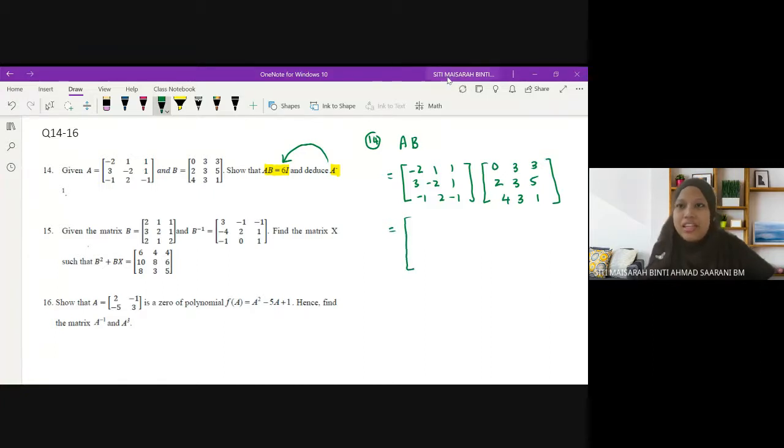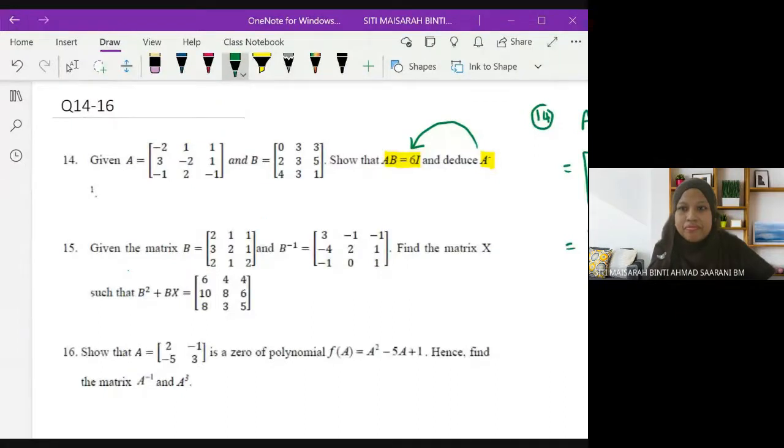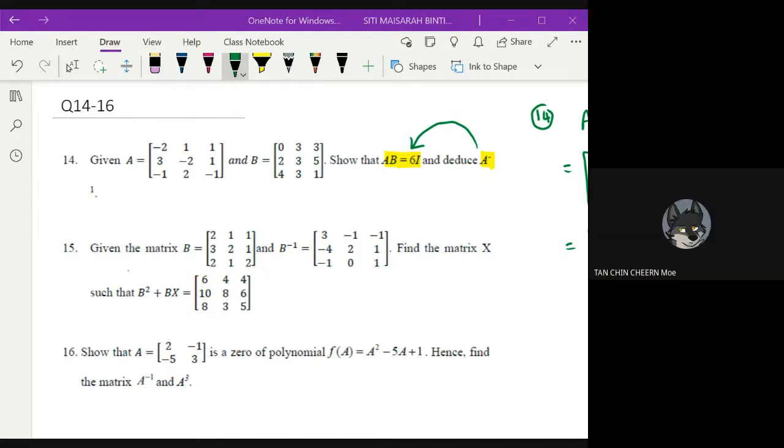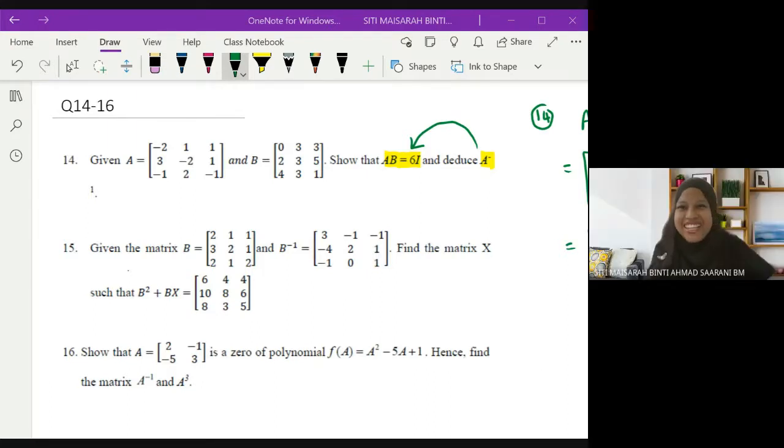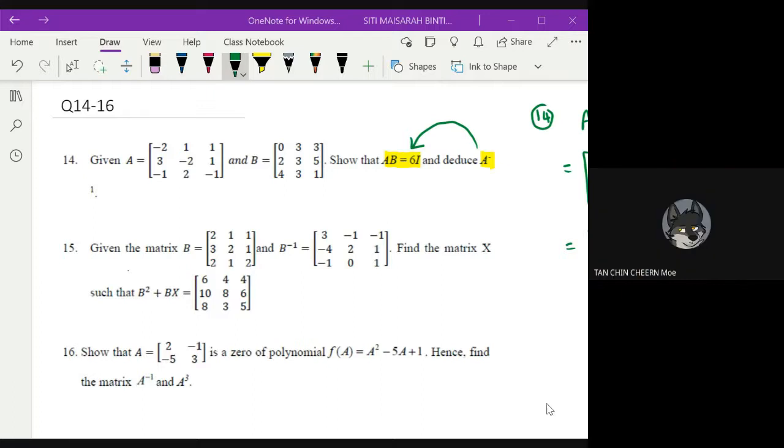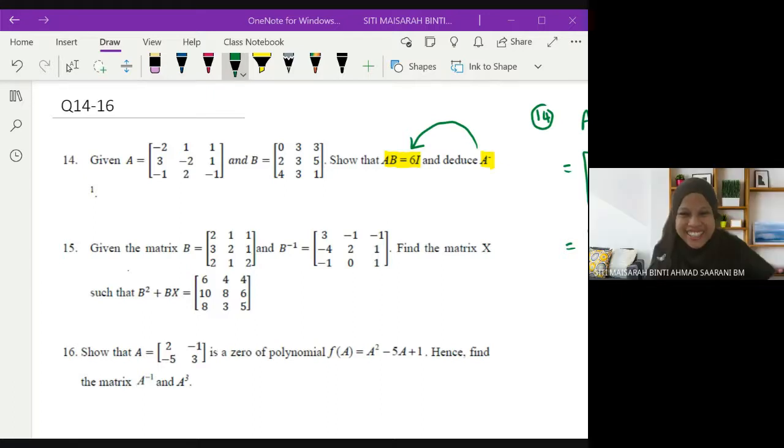Ada masalah tak nak tekan calculator? Boleh tekan kalkulator? Dia tanya ni. Tak ada masalah. I'm asking everyone.